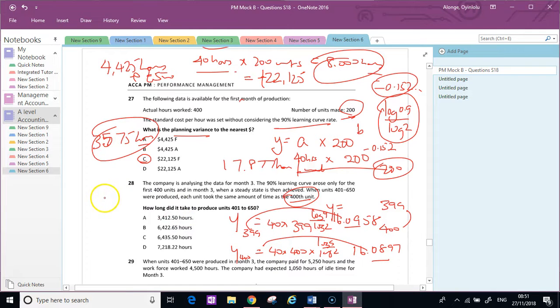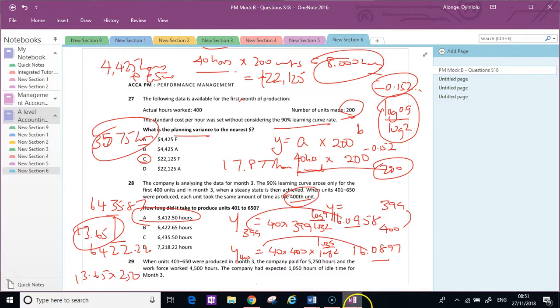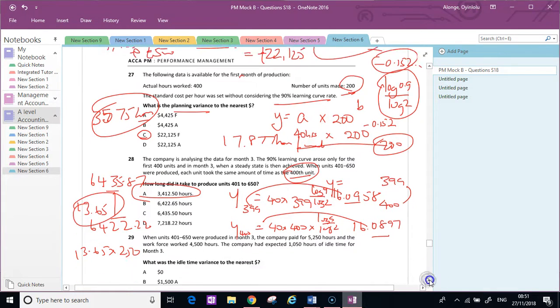You should find that your total time for 400 units was 6435.87, and your total time for 399 units was 6422.22. So now I can find the time it took to make the 400th unit, which comes out at 13.65 minutes. Of course, that's the difference. And they're telling us that for the next 250 units, it's the same thing. So you're multiplying 13.65 times 250, and that takes you to A. Cool, great.